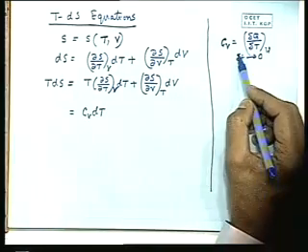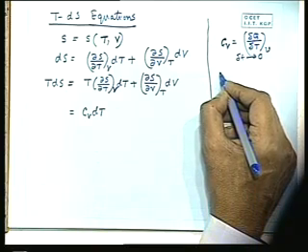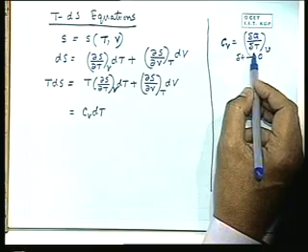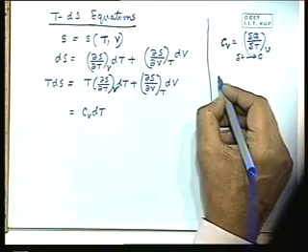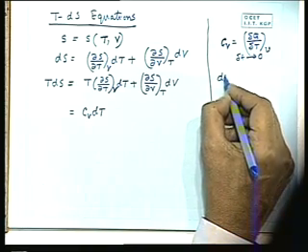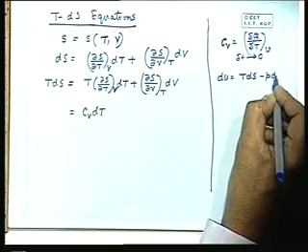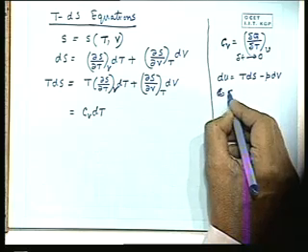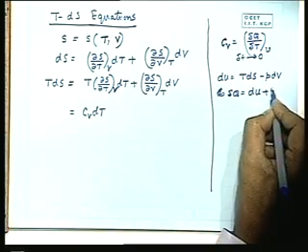Now, we know that delta Q is TdS, and du is TdS minus PdV, and delta Q is du plus PdV.